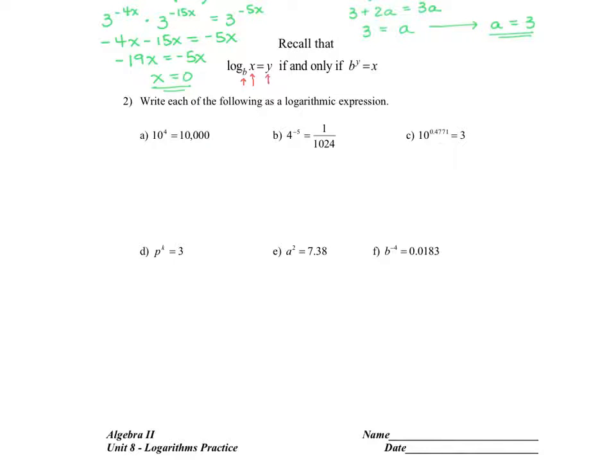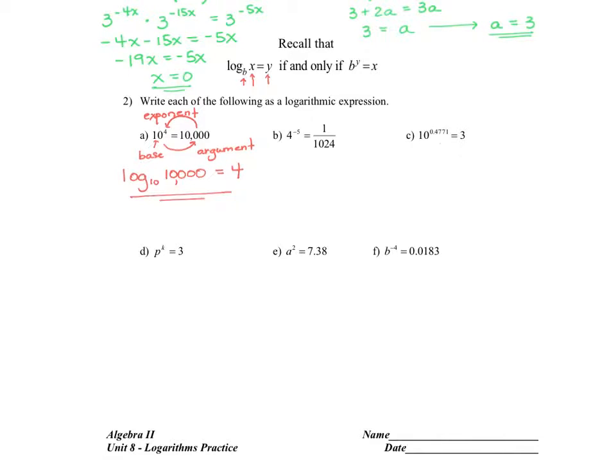So it will be log of base 10 of the argument of 10,000 will equal the exponent, which is 4. So when I go to write, it's log base 10 of 10,000 equals 4.